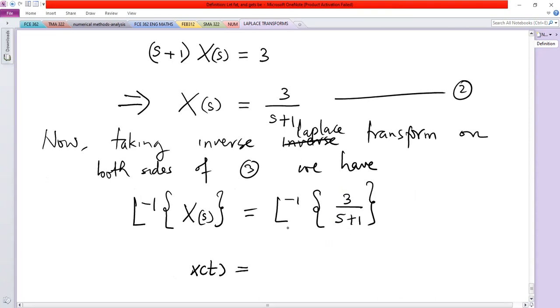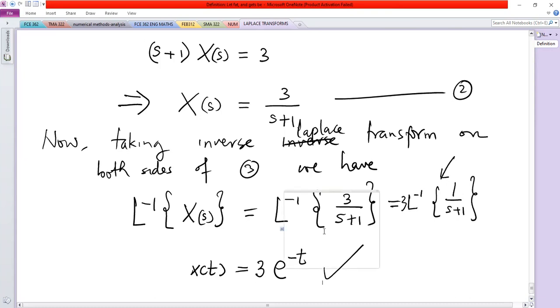And using Laplace transform tables, you get this to be 3e^(-t), since this can be written as 3 times the inverse Laplace transform of 1 over (s plus 1). And these are standard transforms that we can read from the tables. So therefore, this will be the answer to the given initial value problem.